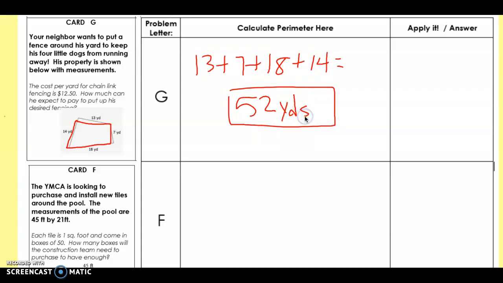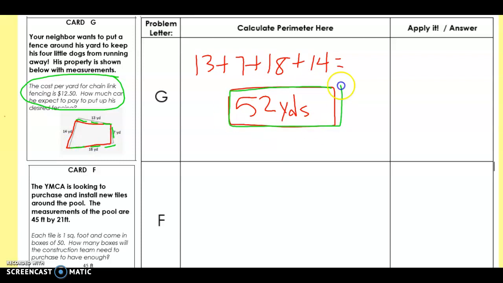All right, so then looking to apply it again, I'm going to look for my italicized question. This time it says the cost per yard for chain link fencing is $12.50. So that's per yard. How much can he expect to pay to put up his desired fence? So think, every single yard around his yard is going to be $12.50.